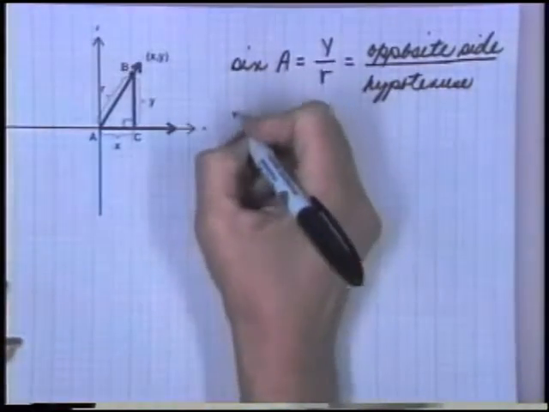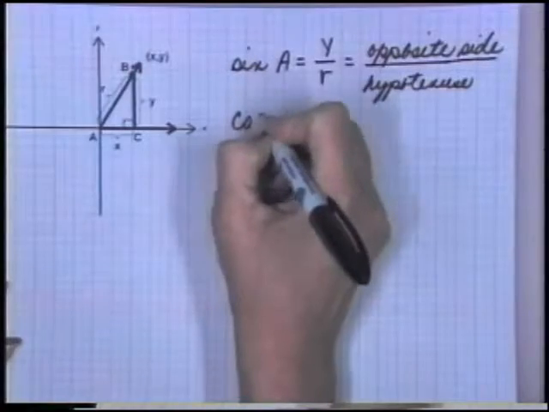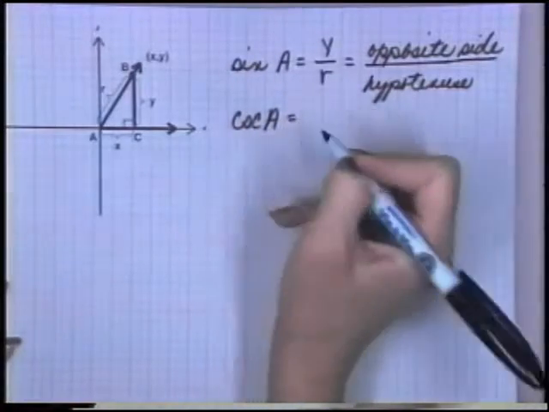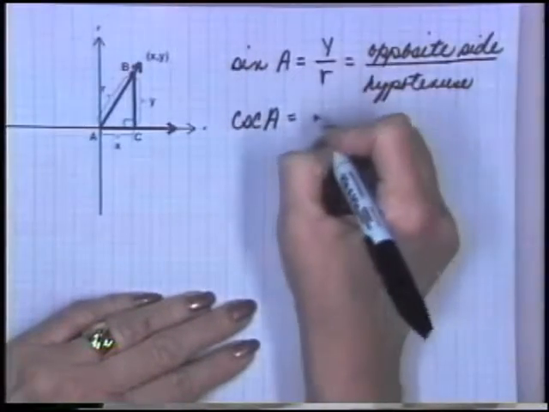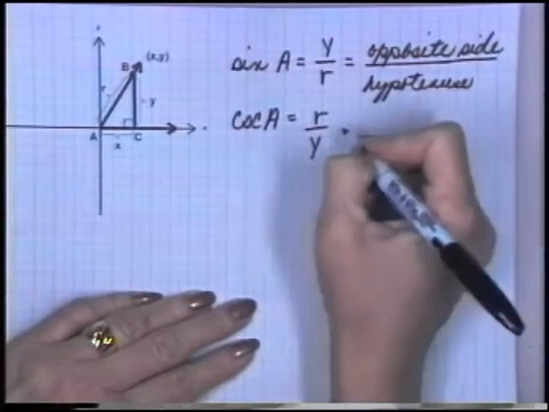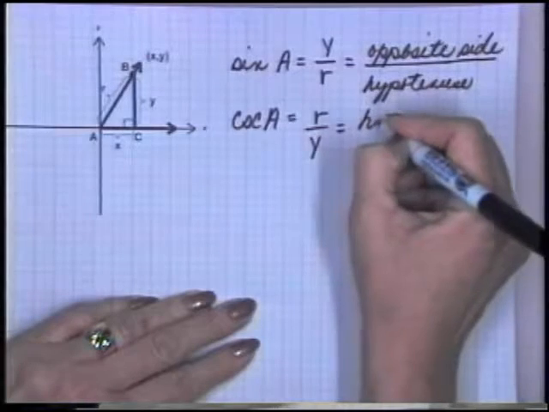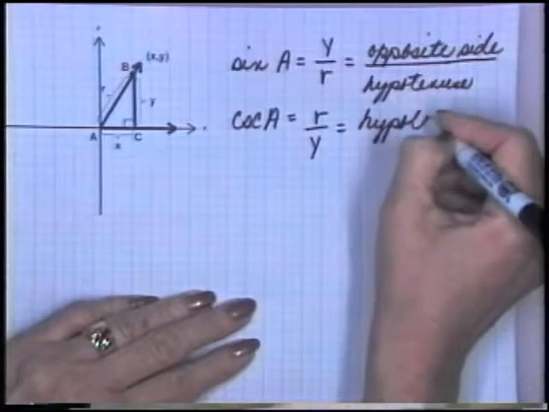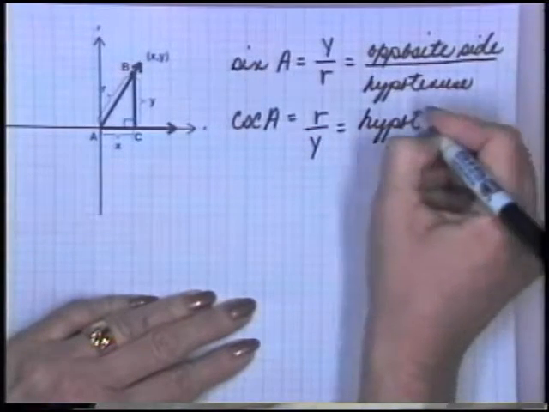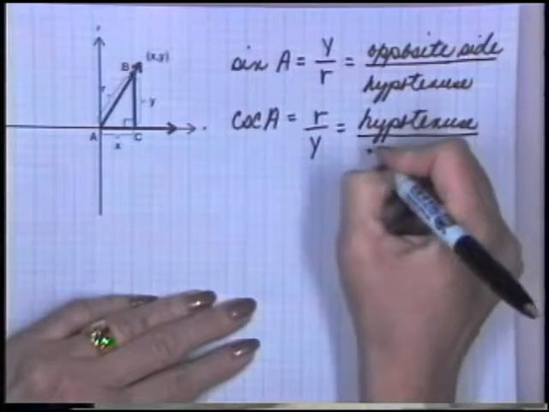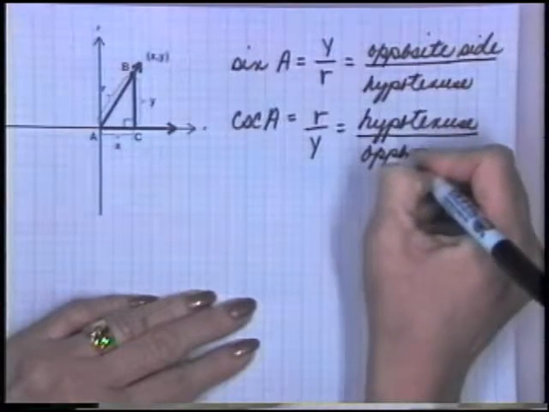If that's what the sine is equal to, let's go ahead and find the cosecant. Since it is the reciprocal, r divided by y, then we'll define the cosecant of angle A to be the length of the hypotenuse divided by the length of the opposite side.